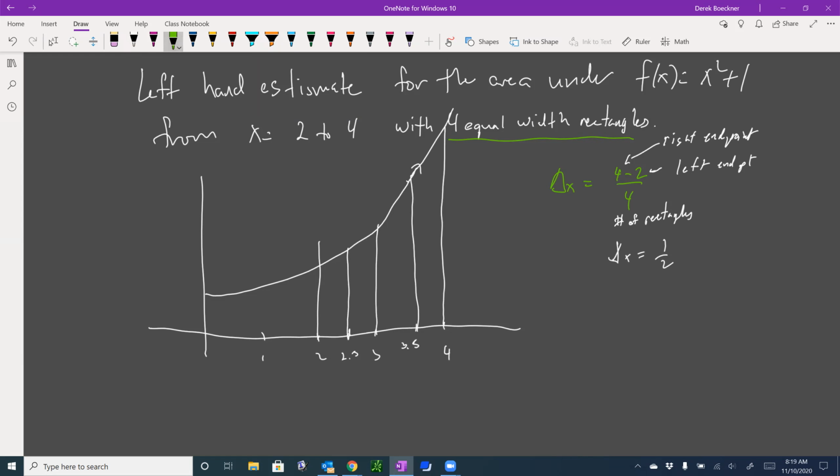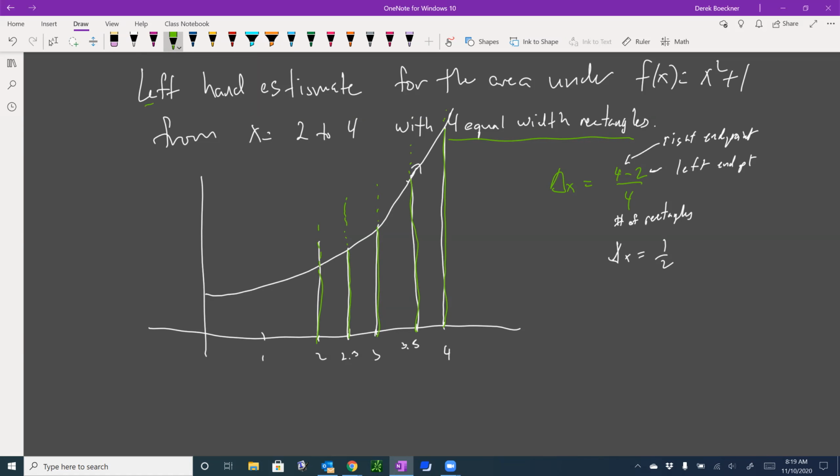Okay, so each of my rectangles has one of these verticals in here. And then I should have a vertical start. So those are the uprights on my rectangles.